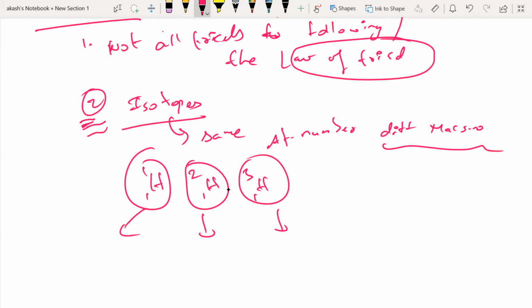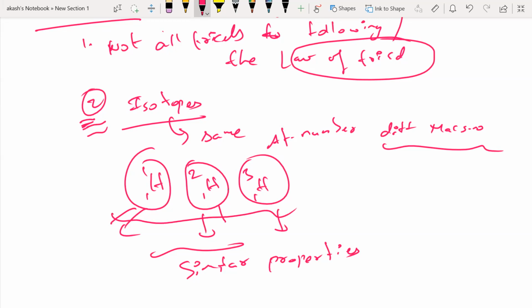But we should not be doing it because they have similar chemical properties. Just because their mass is different doesn't mean that their chemical or physical properties are different. But according to the periodic function we are using, mass number or atomic mass, they should be placed in different places, treated as different elements itself, because they have different atomic masses.